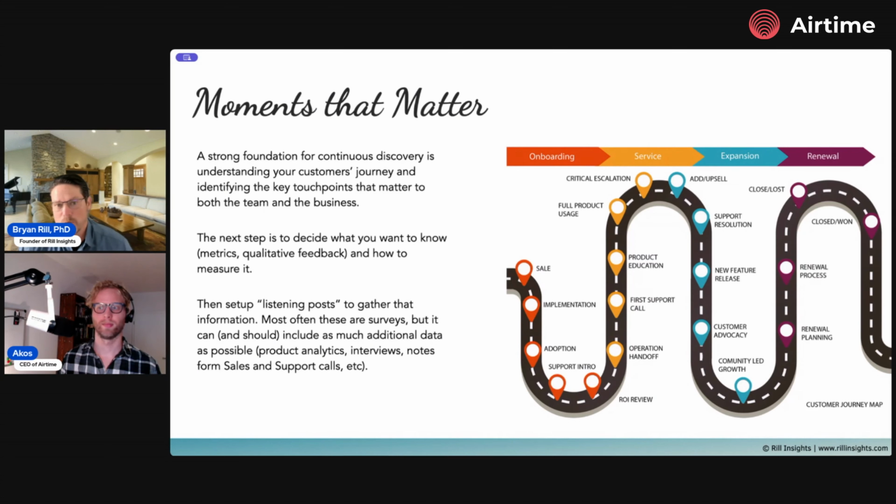Next, you have to ask, what do I want to know? Am I gathering quantitative data through metrics? Am I asking qualitative feedback? What type of questions am I asking? And then once you have that, you can set up things like your listening posts, which are places where you listen to your customer's experience. Most often these are surveys, but it includes a lot of other types of information as well.